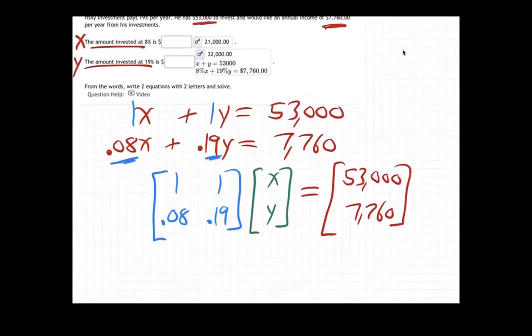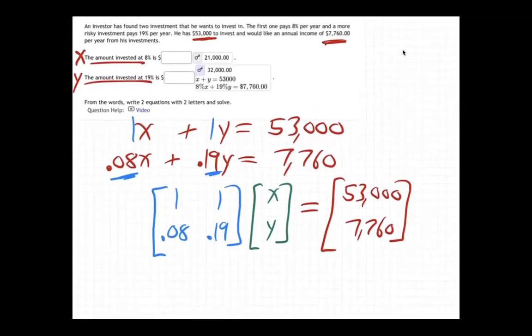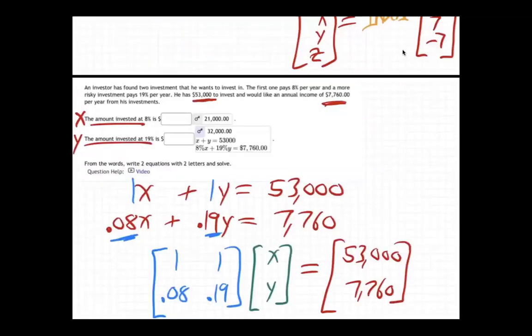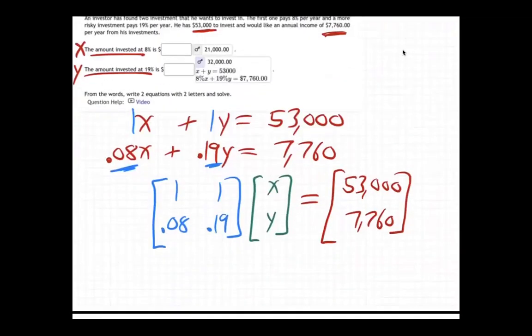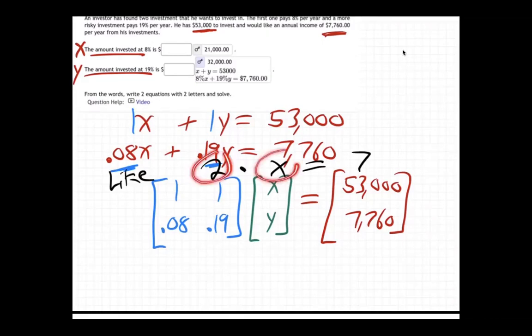Now, how do you solve that? Well, you solve it exactly like you would solve 2 times X equals 7 or whatever. You have a number times a letter equals a number.